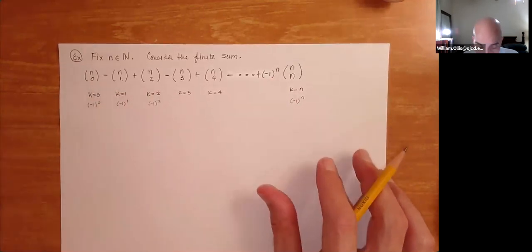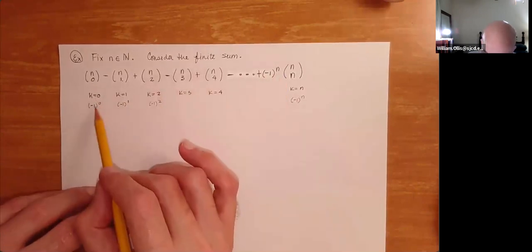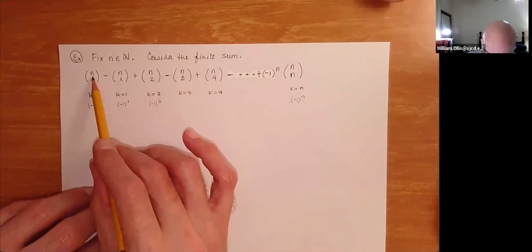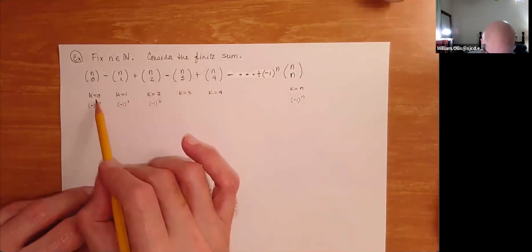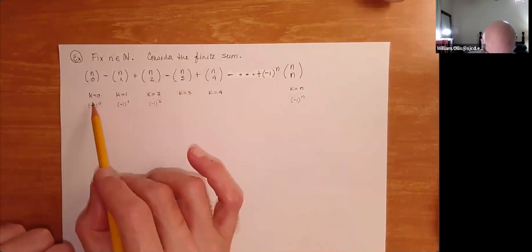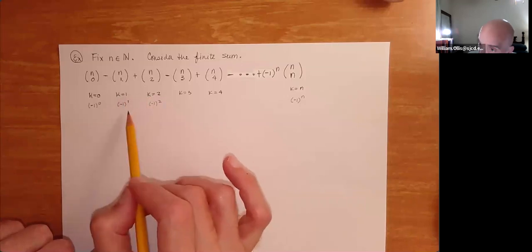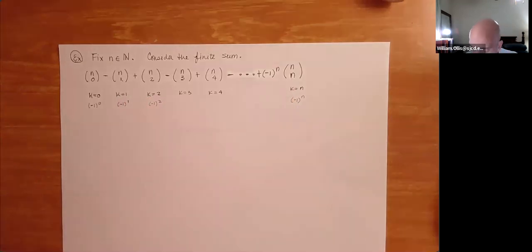So what I wanted to do was make sure that what I wrote down was consistent. Now we can think of keeping track of the actual sign of the coefficient by, in this particular case, raising -1 to the power of whatever the value of k is. So this makes sense.